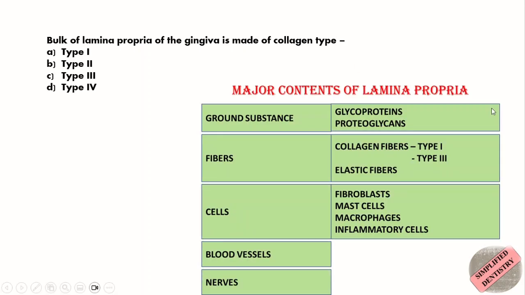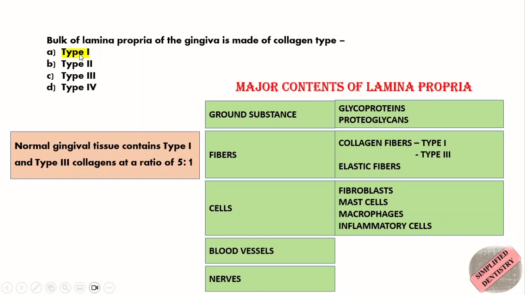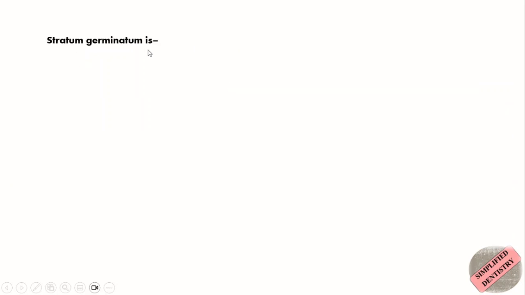This is the list of all the major contents of lamina propria, and it shows that lamina propria contains type 1 and type 3 collagen fibers, and the normal gingival tissue contains type 1 and type 3 collagen in the ratio of 5:1. So this means that type 1 is more as compared to type 3. So the answer is option A, that is type 1. So the bulk of lamina propria of the gingiva is made of collagen type 1.